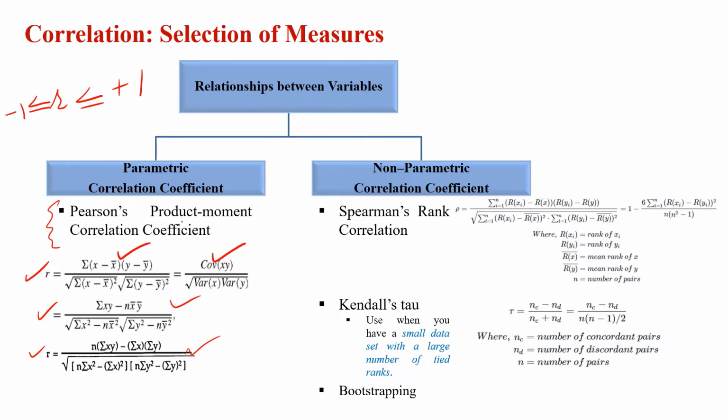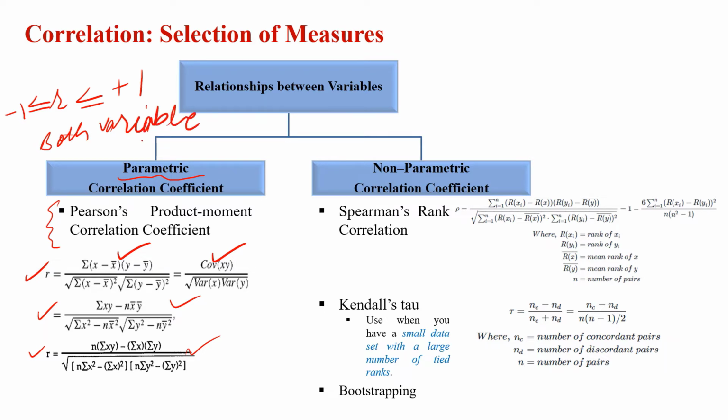But before finding the value of Pearson's correlation coefficient, the important thing we need to check is that we can only apply it if the data is parametric. Both the variables must be quantitative variables, or you can say interval scale variables, right?